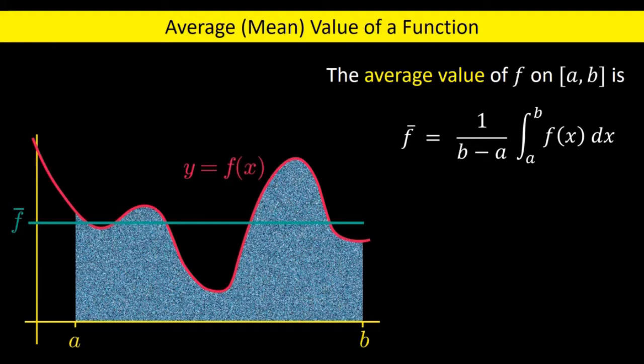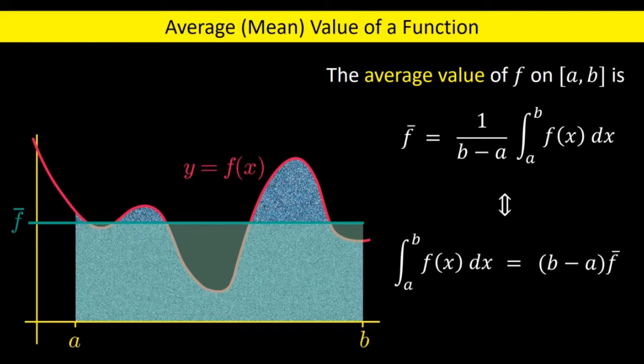When you shake it up and allow the sand to find its natural level, the average value of the function will then be the final height of the sand. In other words, the area under the graph of f is exactly the same as the area of the final rectangle, with the same base, b minus a, and height given by the average value of the function. And we're denoting that by f bar.